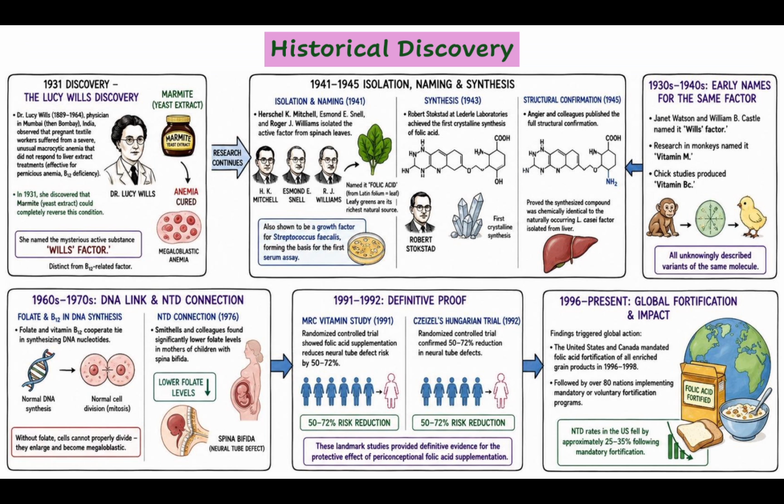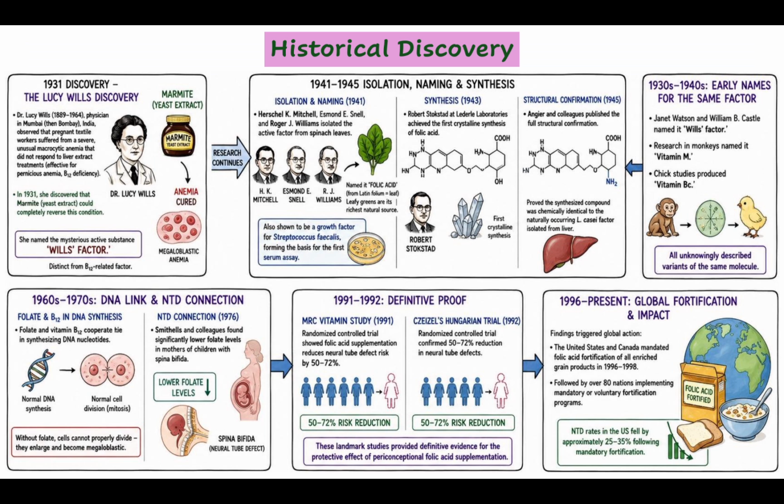The neural tube defect connection was first formally proposed by Smithells and colleagues in 1976, who found significantly lower folate levels in mothers of children with spina bifida. The landmark MRC vitamin study in 1991 and Czeizel's Hungarian randomized controlled trial in 1992 provided definitive proof. Periconceptional folic acid supplementation reduces neural tube defect risk by 50 to 72%.